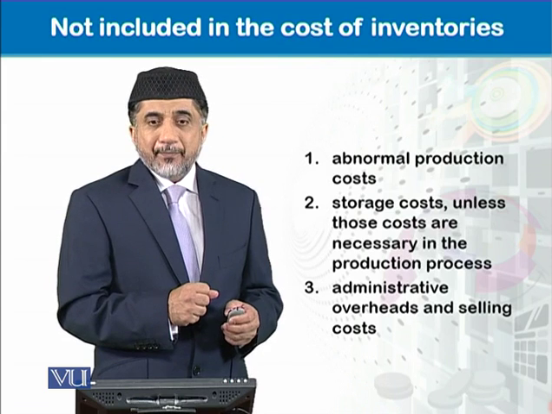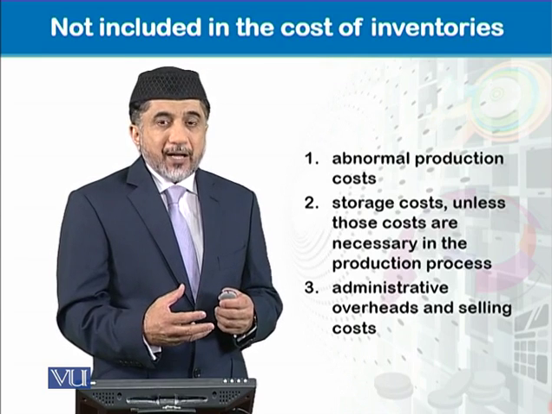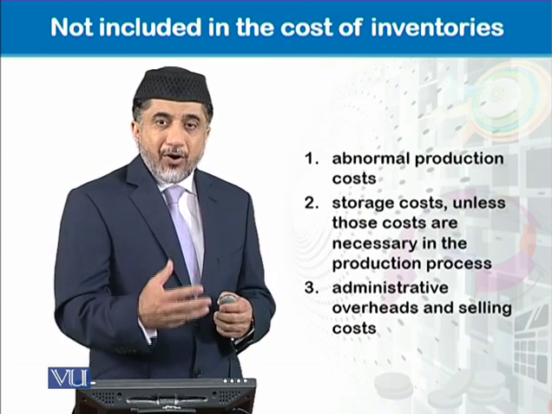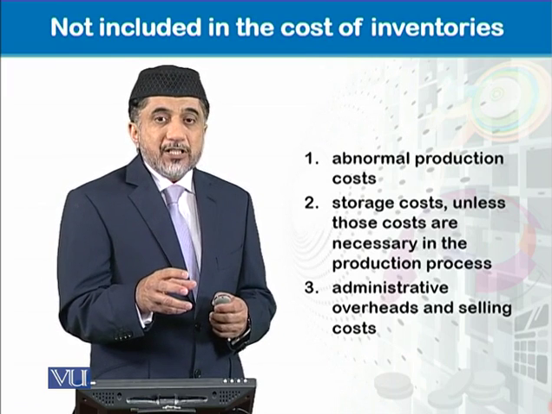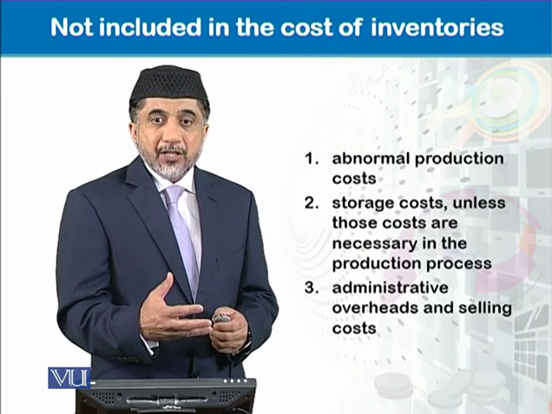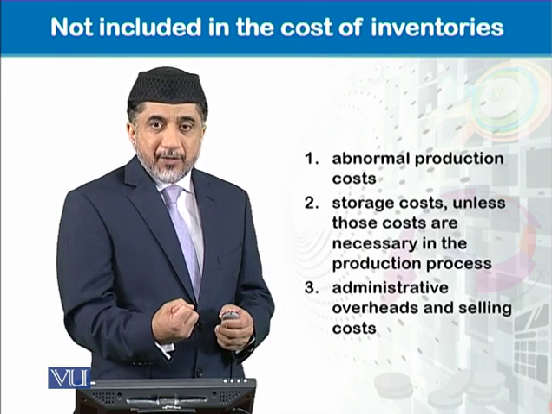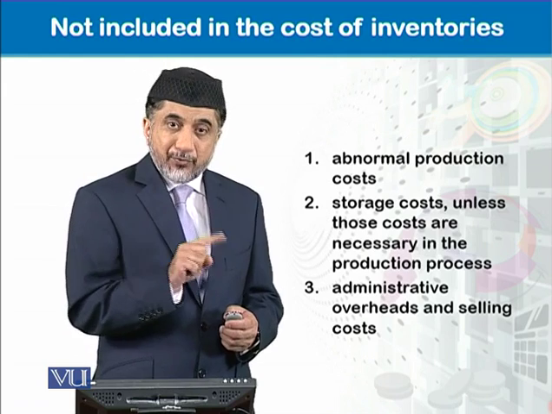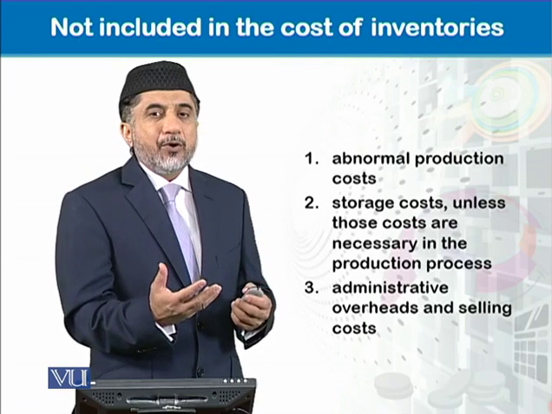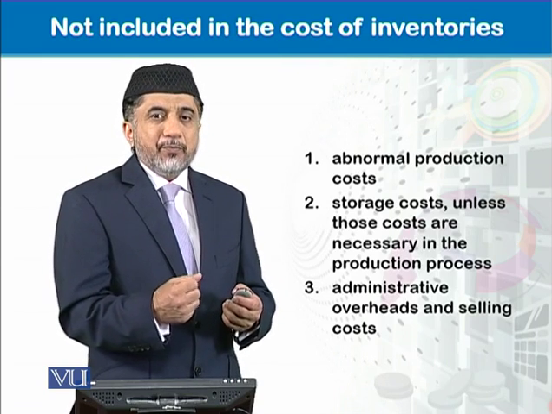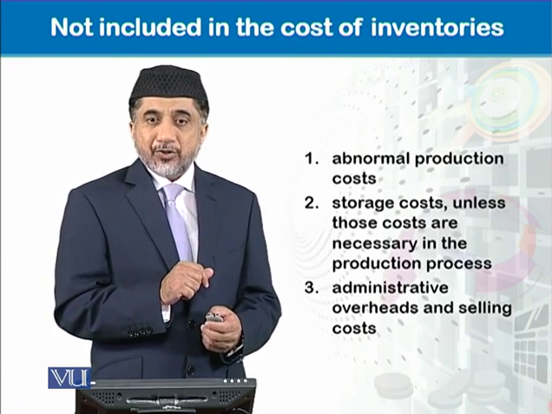If we have a production that is not up to the mark, that has been lost, that loss of the cost of production, which is taken as abnormal loss, will be subtracted from the total cost of production so that it does not become part of inventory, and will be taken to the income statement as an abnormal loss. Or there would be a claim against this loss from the insurance if it is covered under insurance.